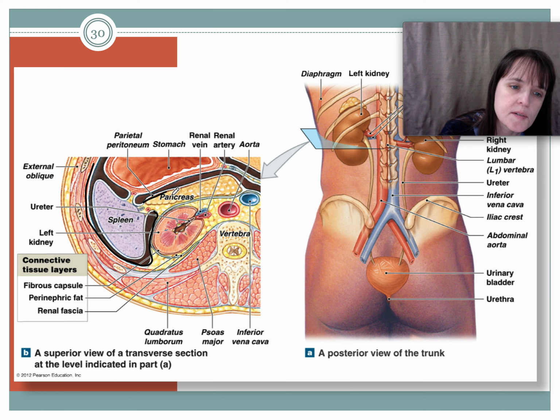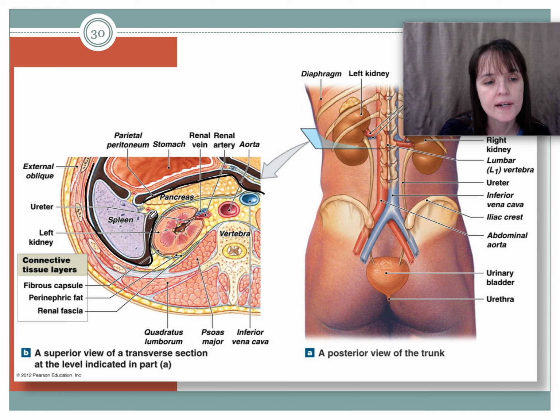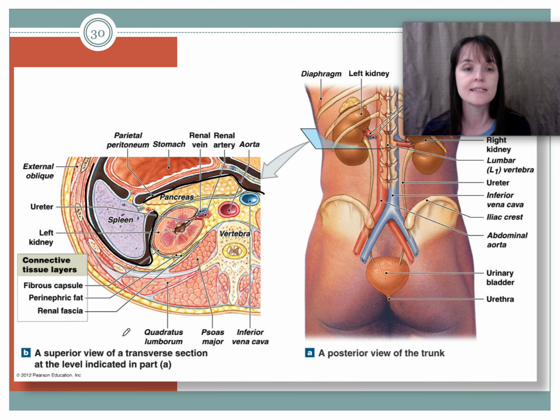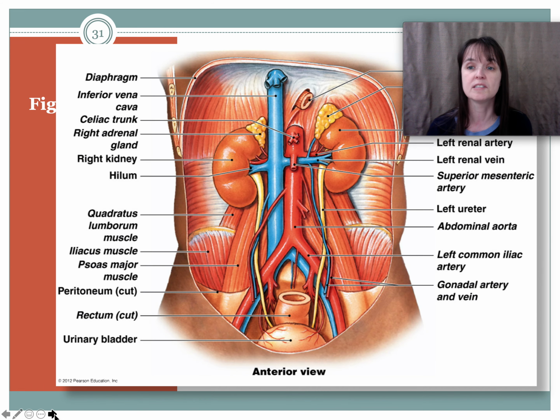And back to parietal peritoneum. And you see how the pancreas and of course the duodenum and the kidneys are retroperitoneal. They're behind that membrane. The kidney is in a fibrous kind of sac that's packed with fat that helps protect it. Still not fun to be punching the kidneys though.